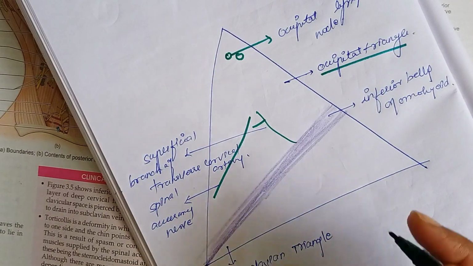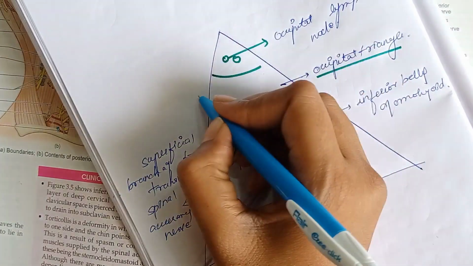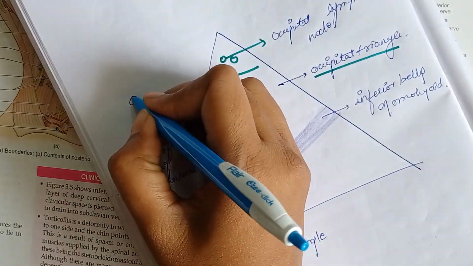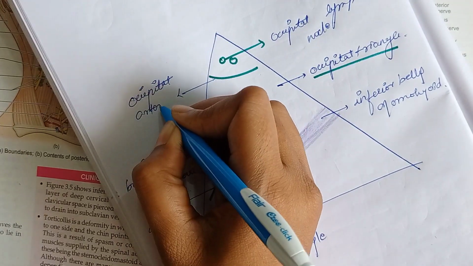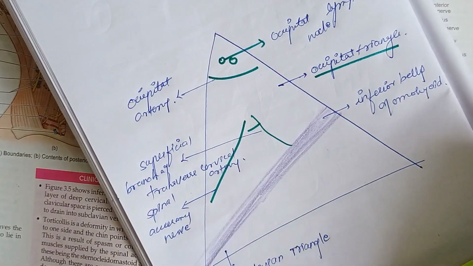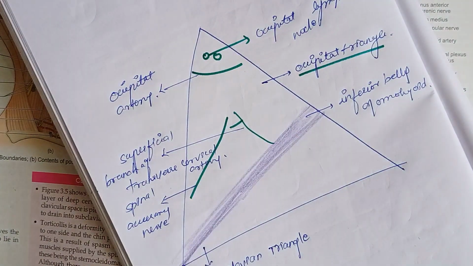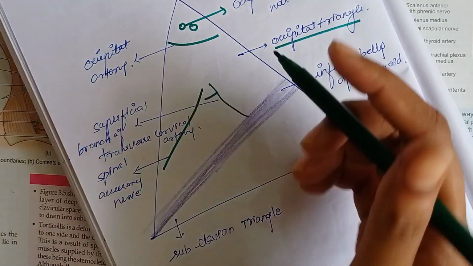And there is another artery called the occipital artery, also present here. This is the occipital artery. So these are all the structures.